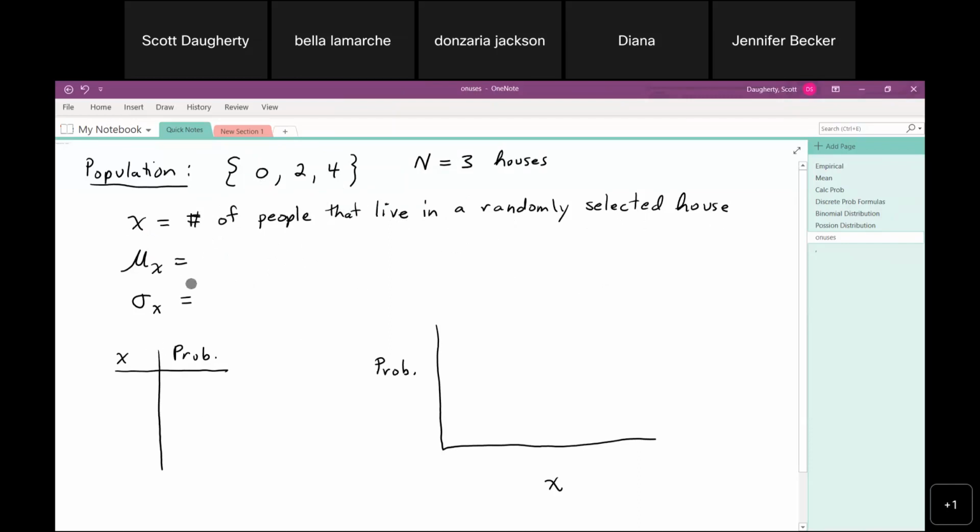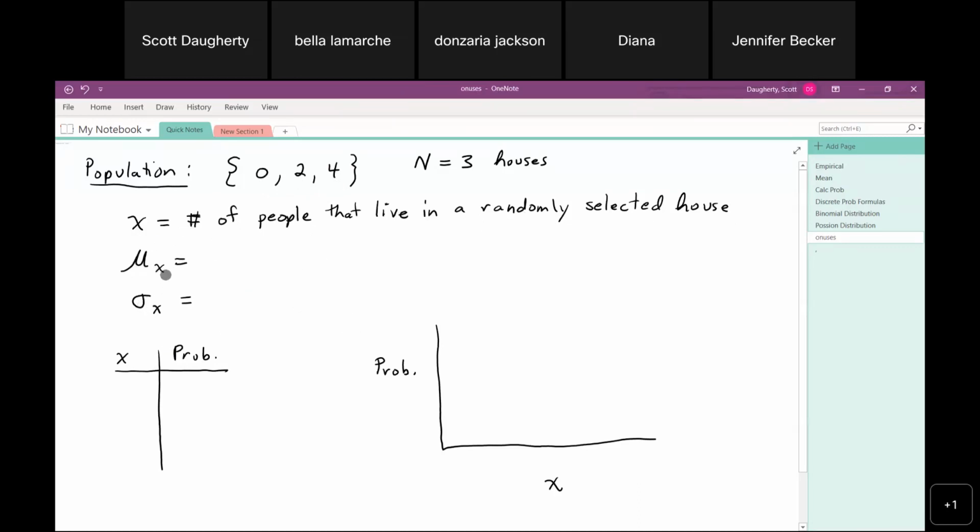Now, a couple of things we're going to do here. For this population, there are 3 things that we always like to know about our random variable. First, we would like to figure out what the average is for the random variable. I'm going to label that with mu. Mu stands for the population mean, and I'm going to label it with a subscript x, just to be clear that it's the average of the x values, these values here, 0, 2, and 4.